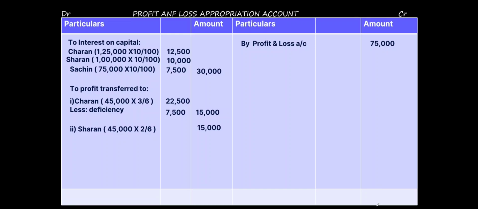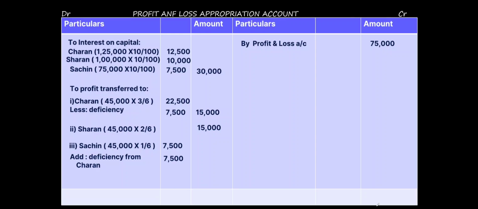Now moving on to the new partner Sachin. Sachin's profit is 45,000 into 1 by 6. He gets 7,500. Since it is a shortage, he will receive the deficiency amount from Charan. So we have to add the deficiency from Charan, that is 7,500.